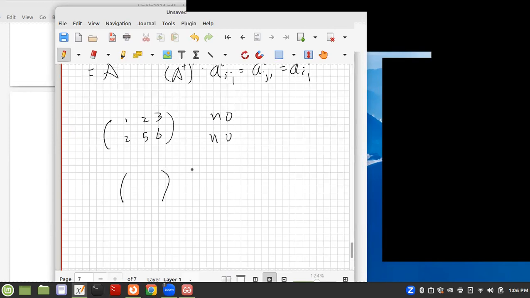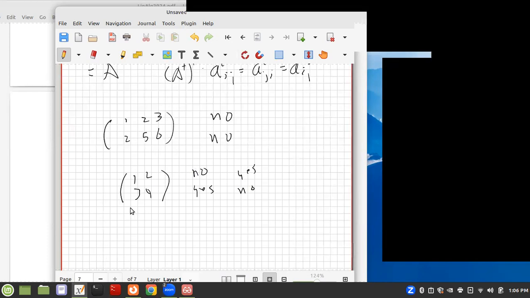For a square matrix, it's going to be either no, yes, or yes, no. It's one or the other, but not both.